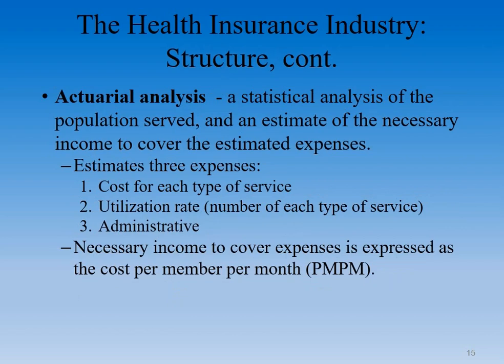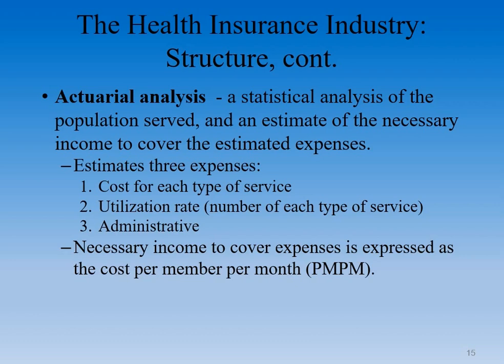Looking specifically at these different kinds of stakeholders, there's actuarial analysis. It's a statistical analysis of the population served and an estimate of the necessary income to cover the estimated expenses.